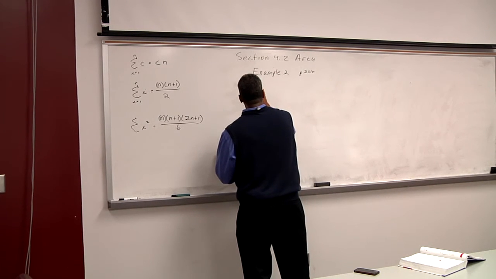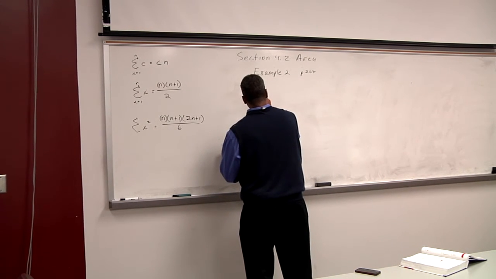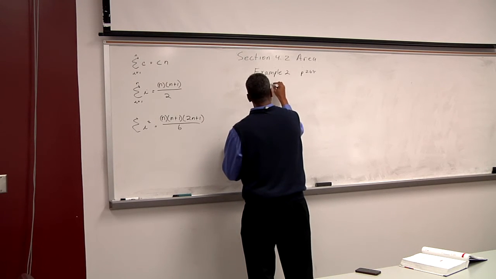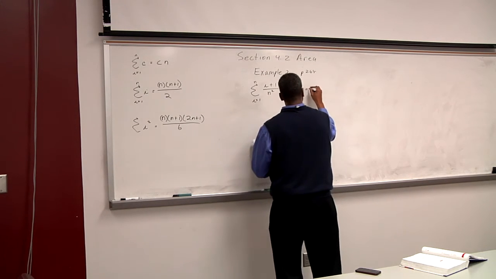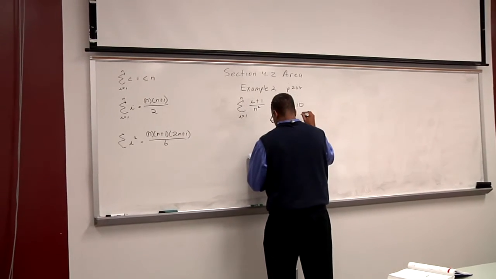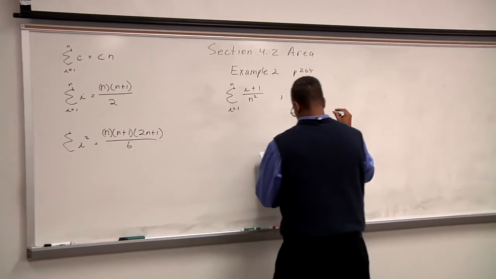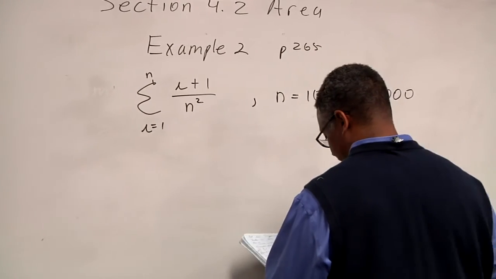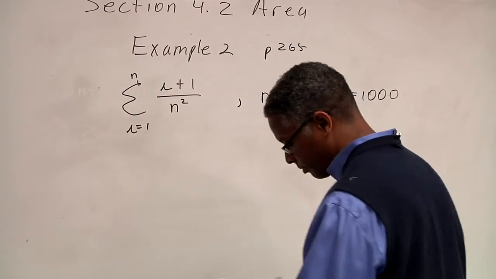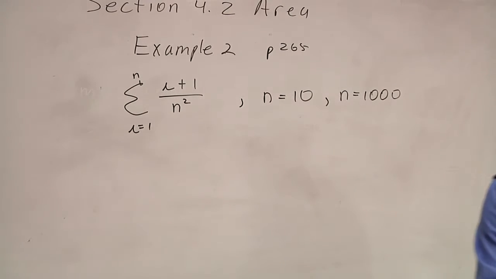So we have the following problem: summation i equals 1 to n of i plus 1 over n squared, and we have n equals 10 and n equals 1,000. Okay? So that's the problem that we're working on.